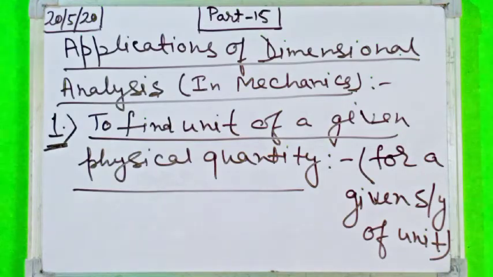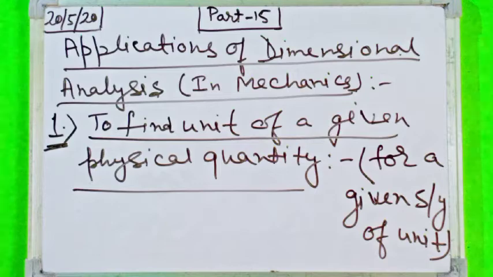So it is very easy. By writing the definition of a physical quantity, we can easily find its dimension.